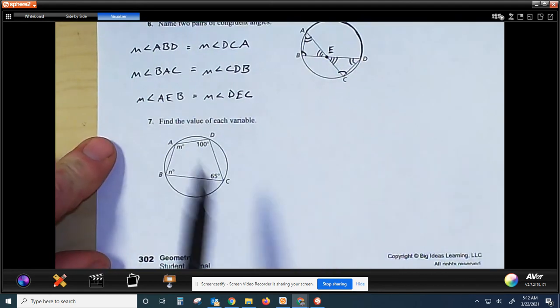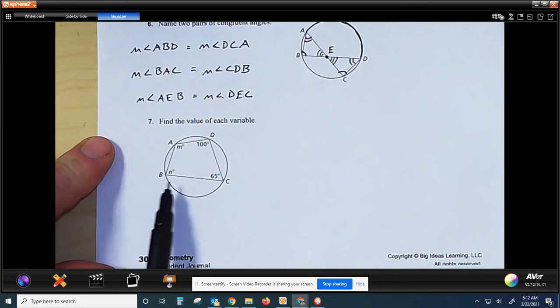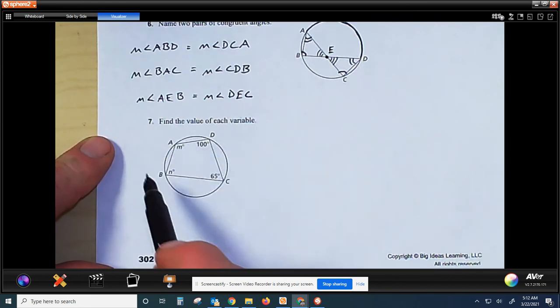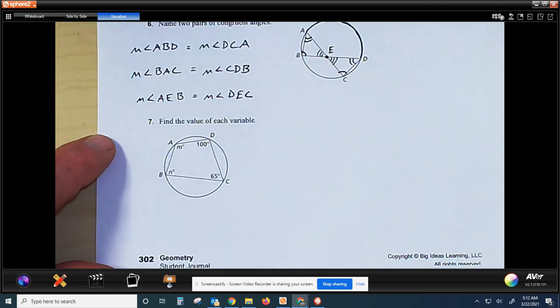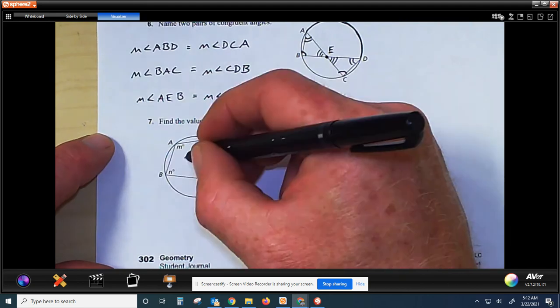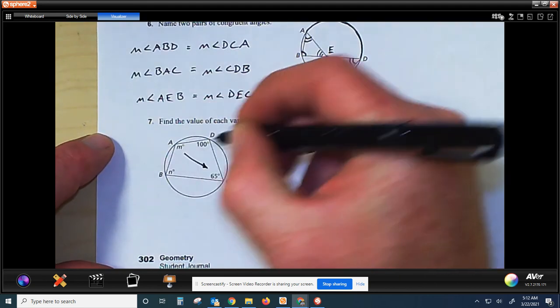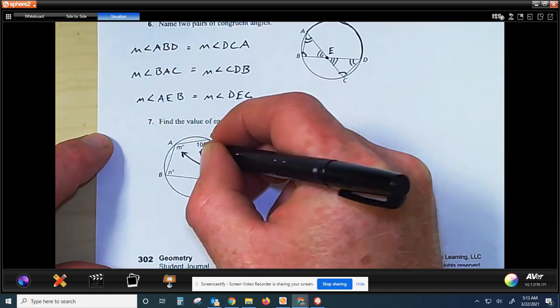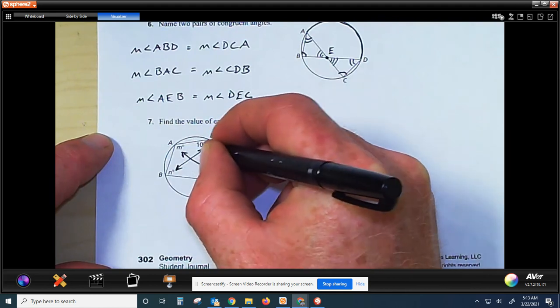Last bit is a demonstration of a quadrilateral inscribed in a circle. So this circle is circumscribing the quadrilateral. 1, 2, 3, 4 sides. The message is that these opposite angles from each other are supplementary.